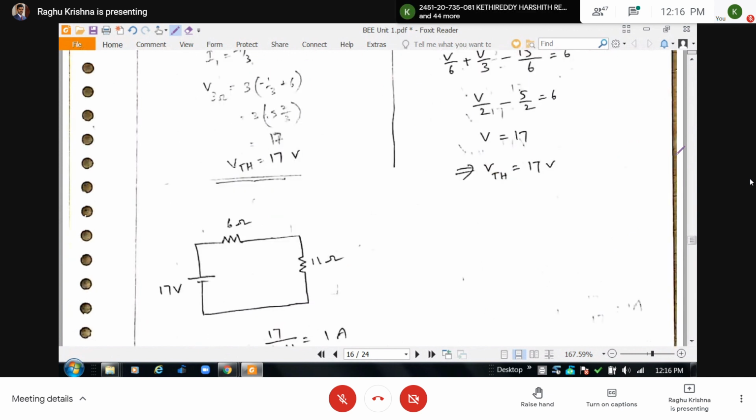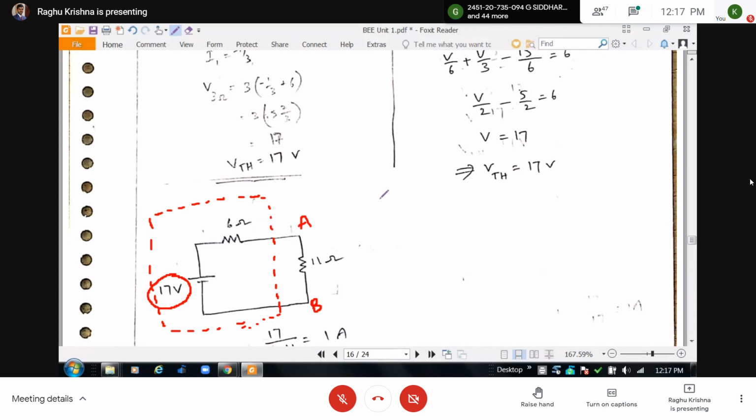So this is the Thevenin's equivalent network, and these are the terminals A and B. VTH equal to 17 volts, RTH equal to 6 ohms.